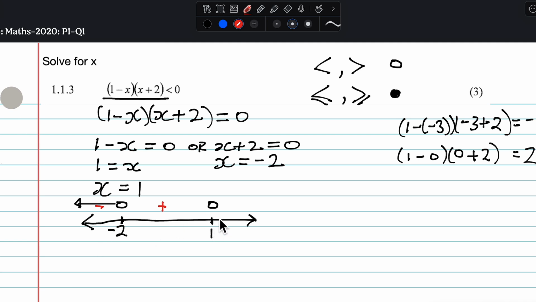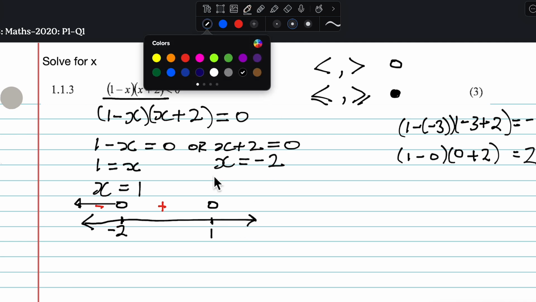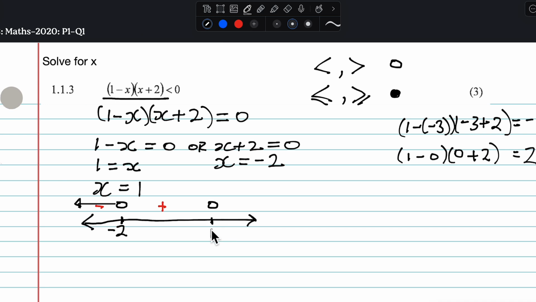So let's see what we get when we substitute values of x that are greater than 1. Let's choose a value greater than 1. You can choose any number you want as long as it's bigger than 1. So we can use 2 if we like. So 1 minus positive 2 times 2 plus 2. What do we get?